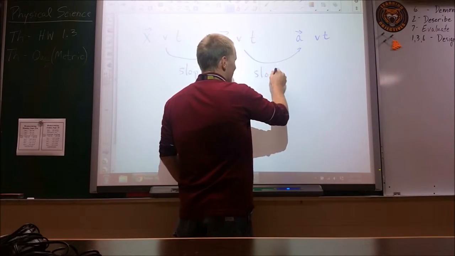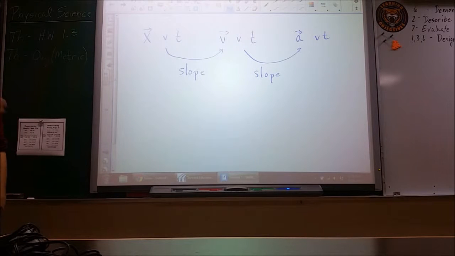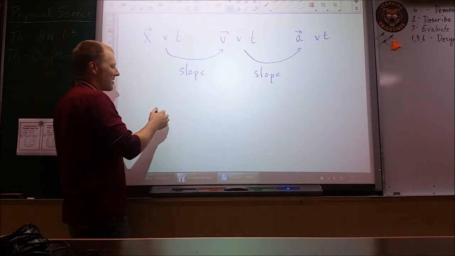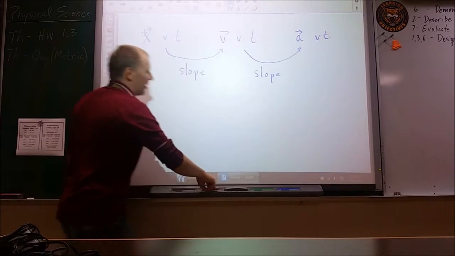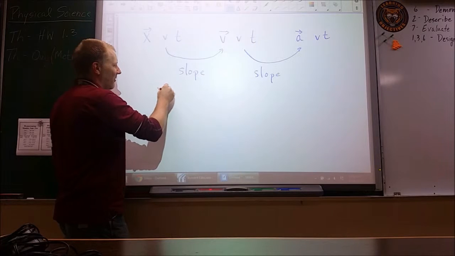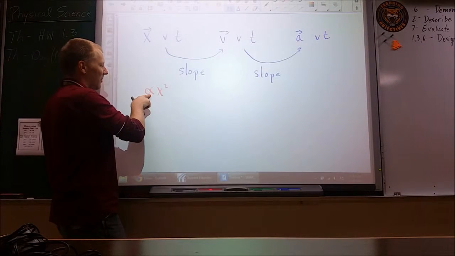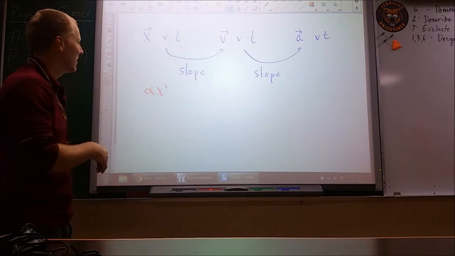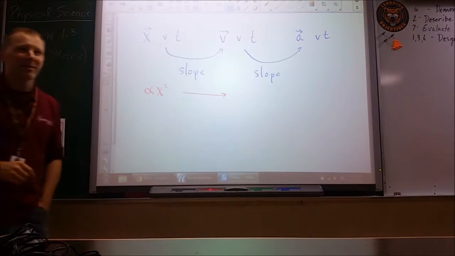And then just as a little intro to what you're going to see in calculus and how calculus can be useful here, if we have something that is, say, as an example, quadratic, so that means proportional to x squared, what would that make our velocity look like?